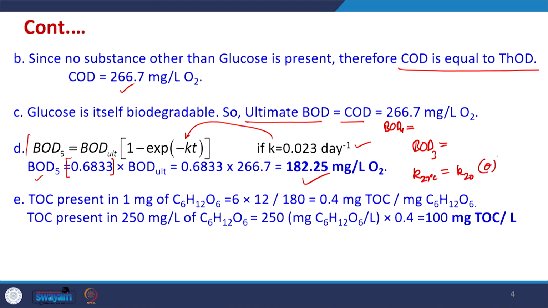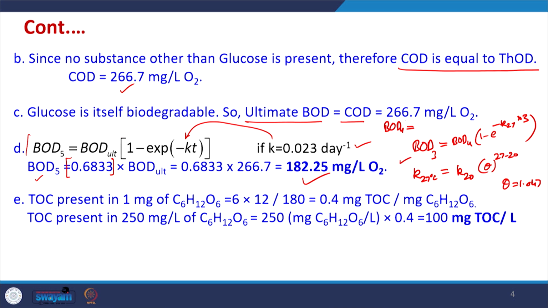If theta value is known, which is generally like 1.047, suppose, and K27 was also known, we could have determined the BOD 3 using the formula 1 minus exponential raised to minus K27 for time 3. So, we can find out BOD 3 also, though it was not asked in this question.